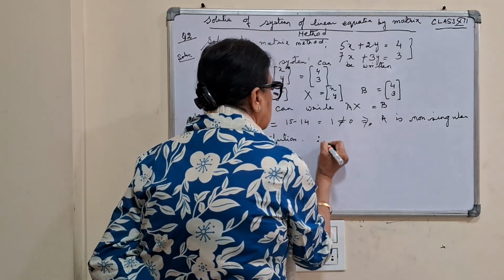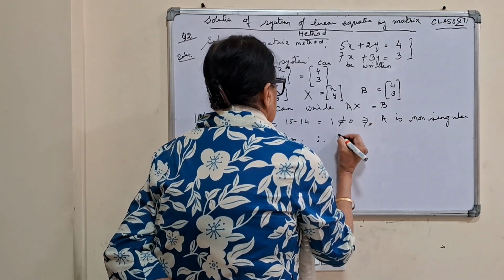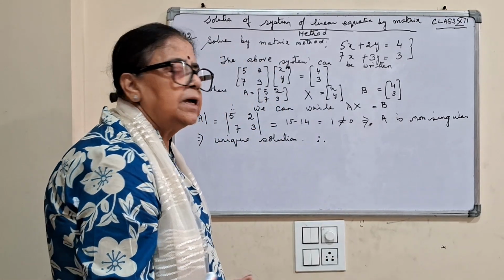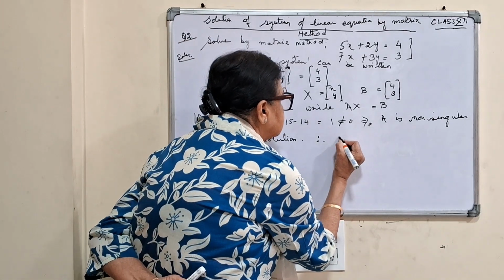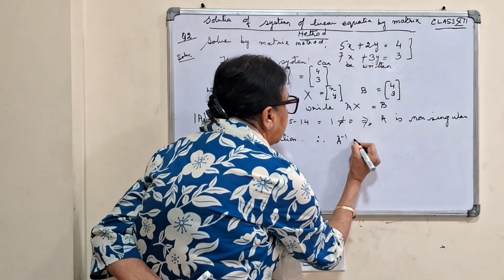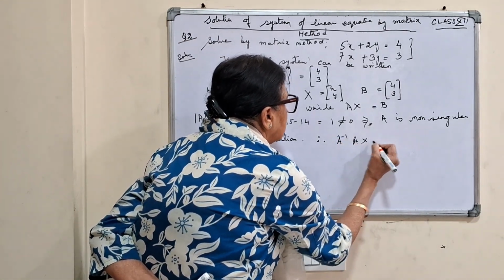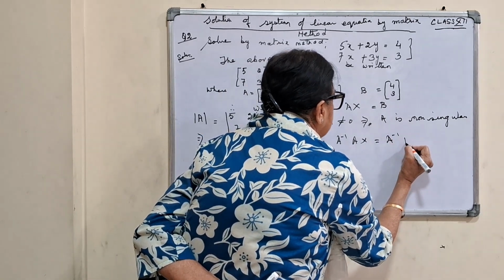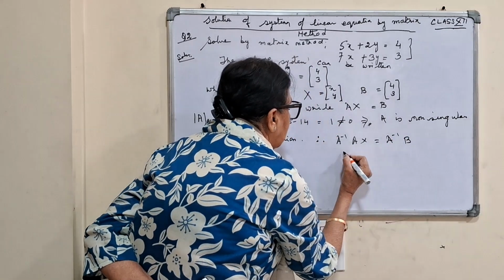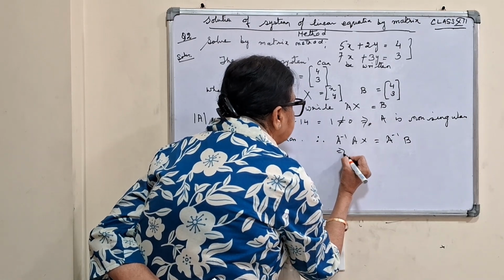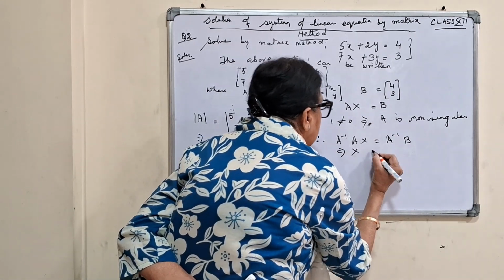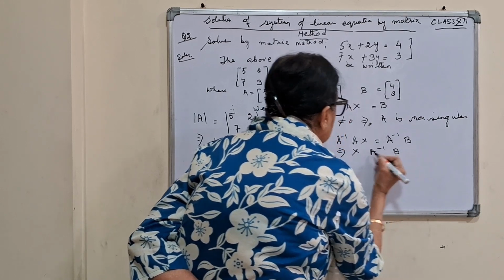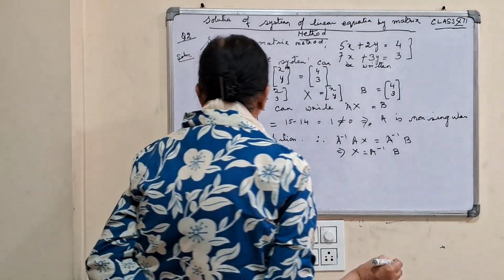Therefore, I multiply with A inverse on both sides. Therefore, A inverse AX is equal to A inverse B, which implies X is equal to A inverse B. Non-singular.